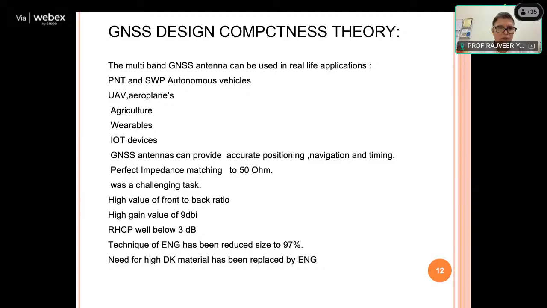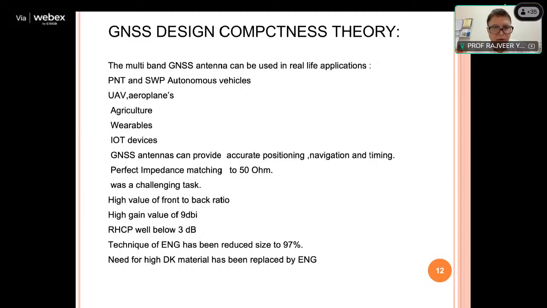We need to, as I already told, have perfect matching with impedance 50 ohm. If we are focusing to design a miniature and all-in-one antenna, it is crucially a very challenging task, because you need to keep the frequency ratio, you need to play with the front to back ratio, you need to play with isolation, you need to play with the desired bands, you need to avoid interference from the undesired bands.